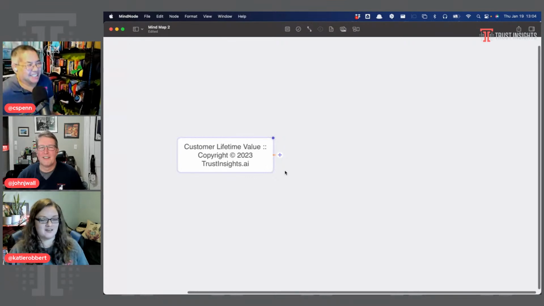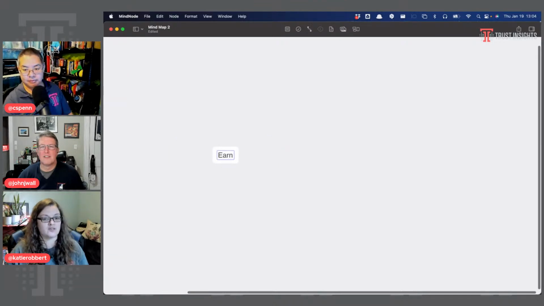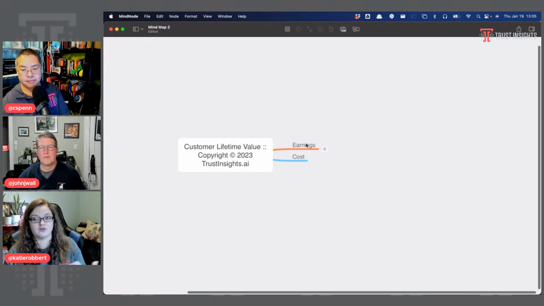No, it's basically, as John said, how much money someone pays you over the course of their relationship with you. For example, if we have a client who does one single project with us, their lifetime value is whatever they bought that project for, versus a client who's a retainer over multiple years.